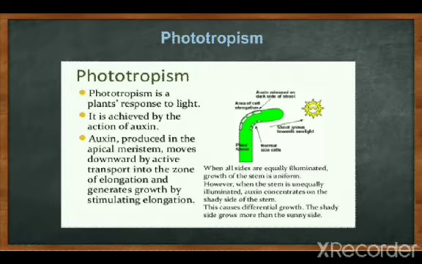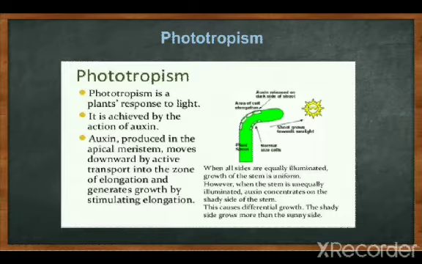Clear? There are so many things here, but the most important thing is the experiment. In phototropism the experiment is most important, because in many examinations, including board examinations, the experiment will come.